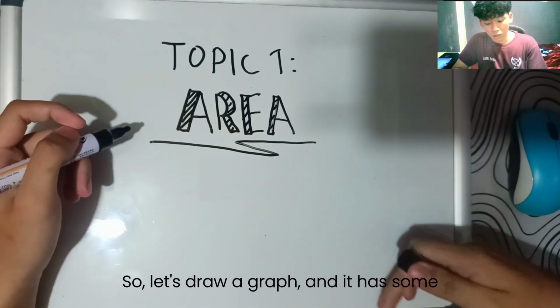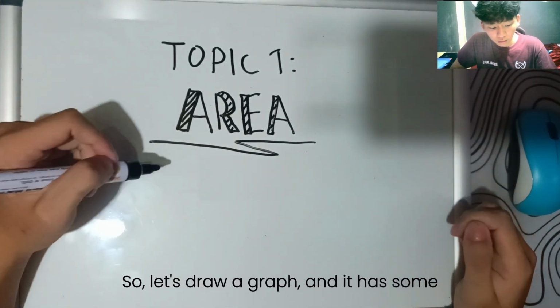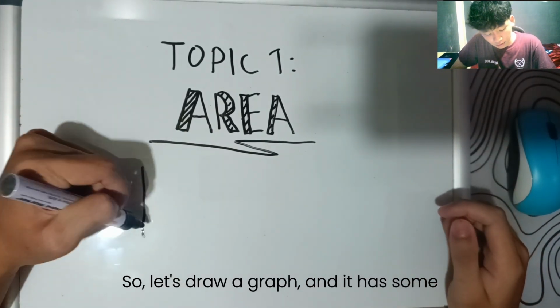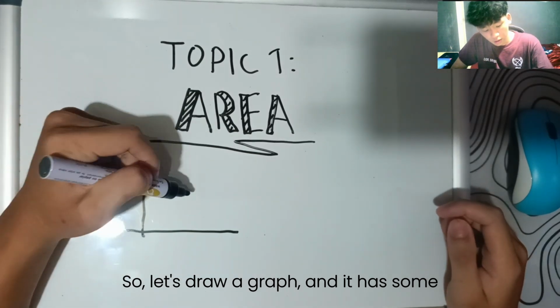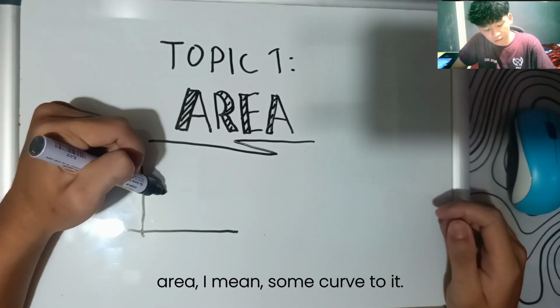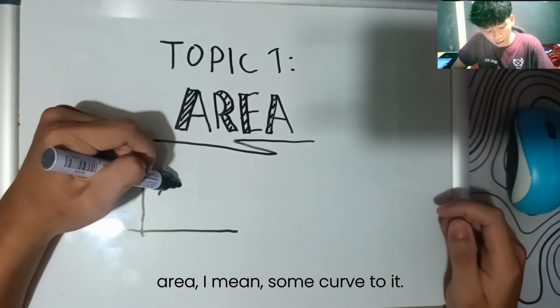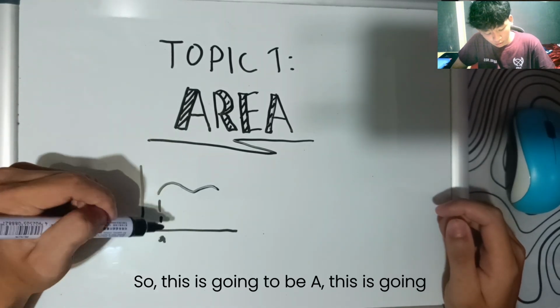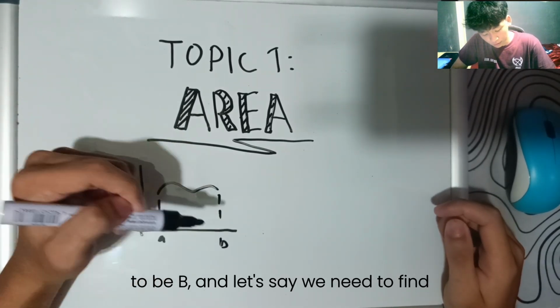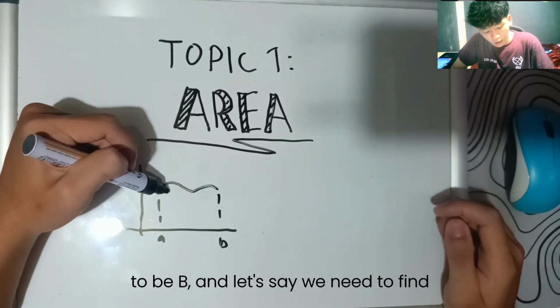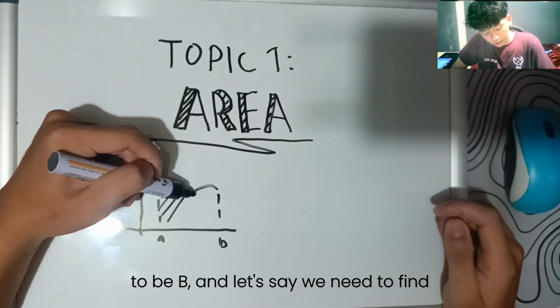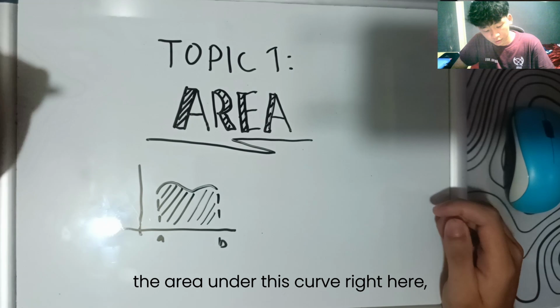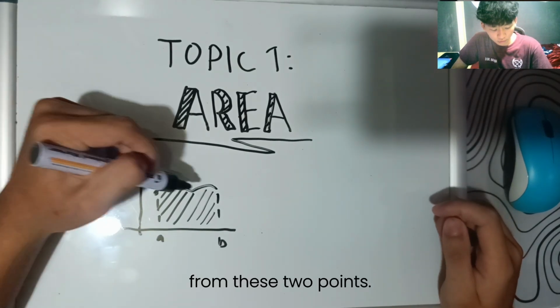So let's draw a graph, and it has some area, some curve to it. So this is going to be a, this is going to be b, and let's say we need to find the area under this curve right here from these two points.